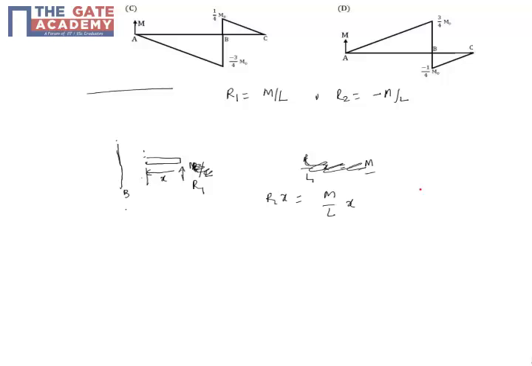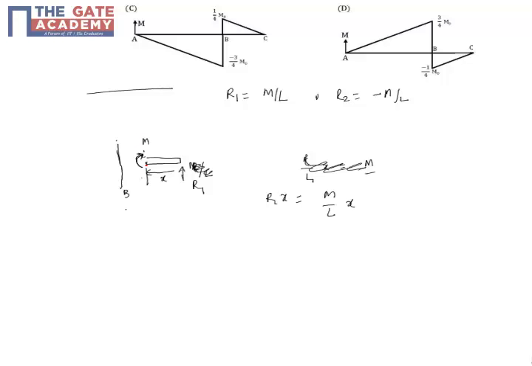Now the sign. Remember that this is the bending moment produced by R1. R1 produces an anticlockwise moment. The internal reaction of the beam at that cross section is called the bending moment.